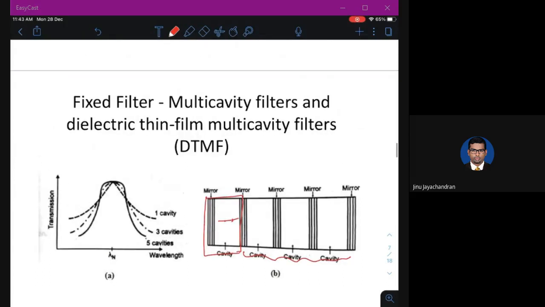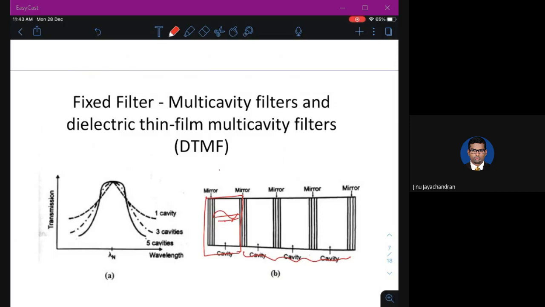Because once you create a wavelength inside, you want to extract it out, or it is possible that due to the non-ideality of the mirrors and the cavity inside, instead of one wavelength, you will have multiple wavelengths, okay?